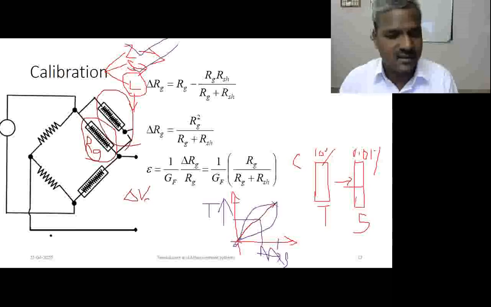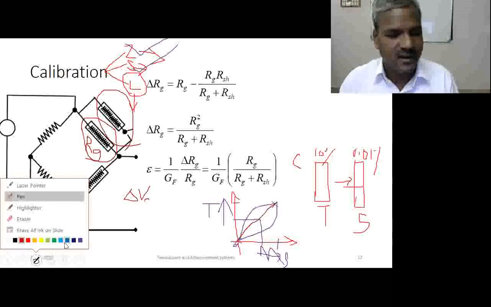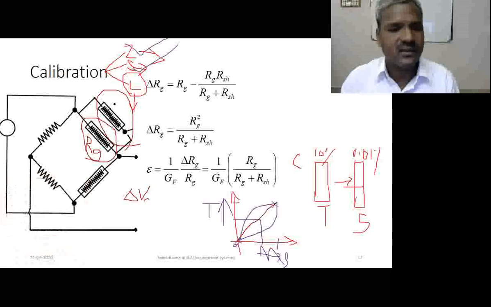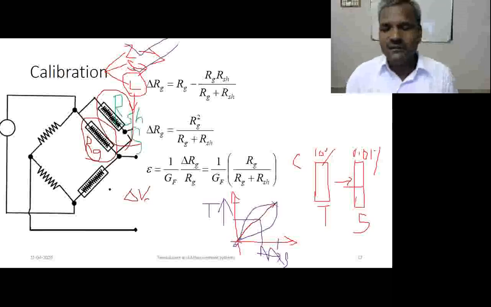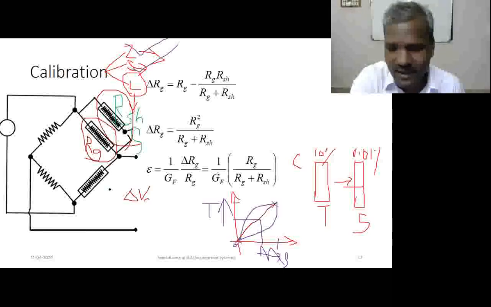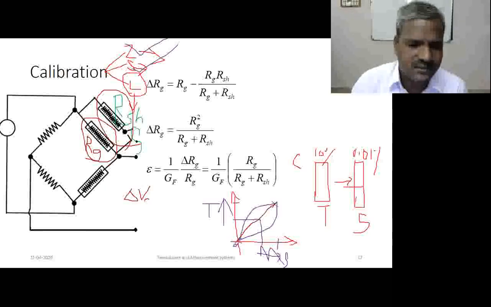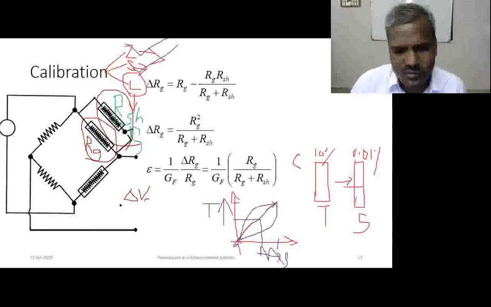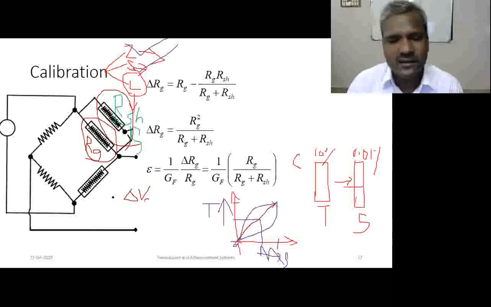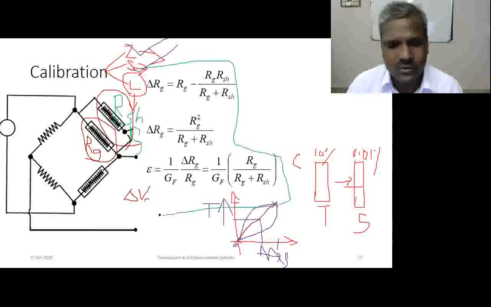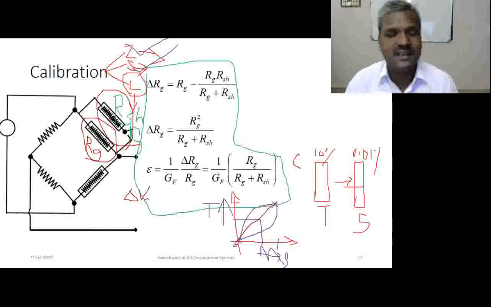This is called a shunt resistor. It is connected in shunt. This resistor is RSH, the shunt resistor with a switch. Whenever you want to calibrate the setup, you close the switch, then measure the output. Then we can follow the procedure to design the shunt resistor.